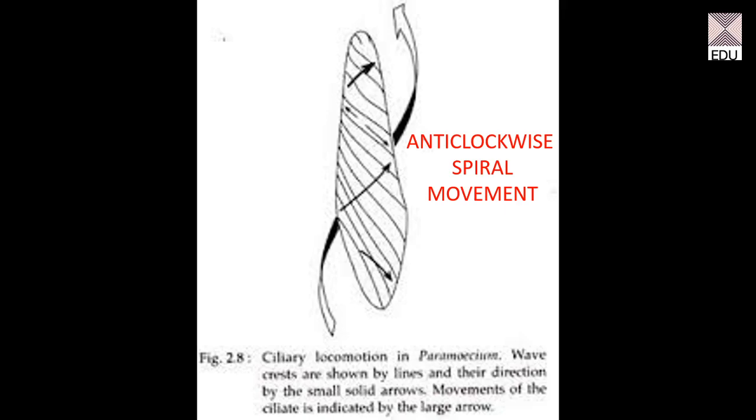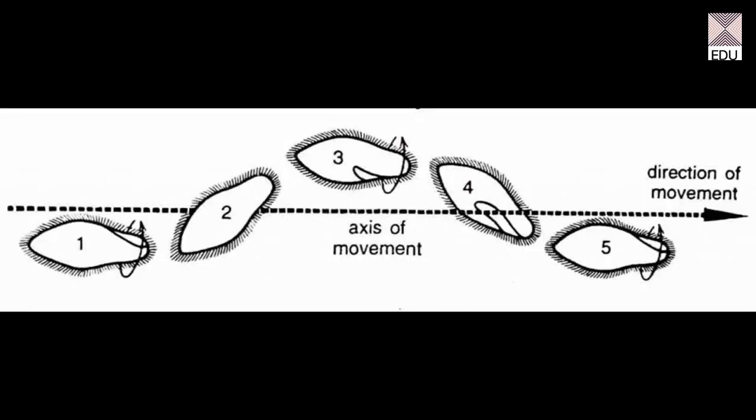If you take your hand against your face, you can move it in an anti-clockwise direction. So this is the case in the paramecium. It is moving anti-clockwise and spirally. That means it moves in a motion like a spring. In the next diagram, you can see the spiral movement. If we consider position 1, it is on the right side of the line.